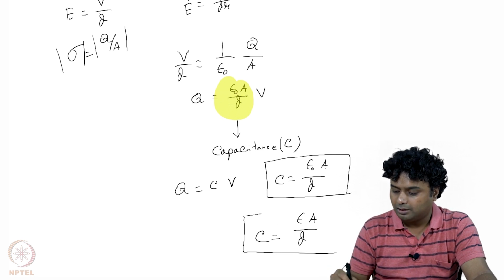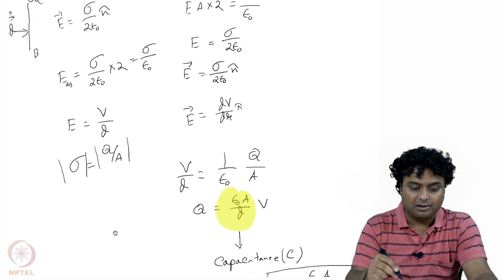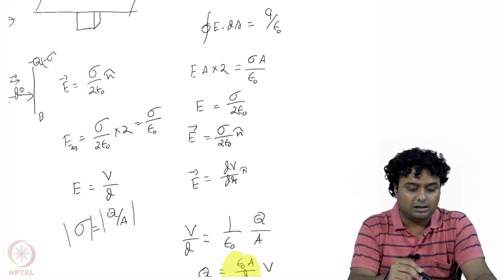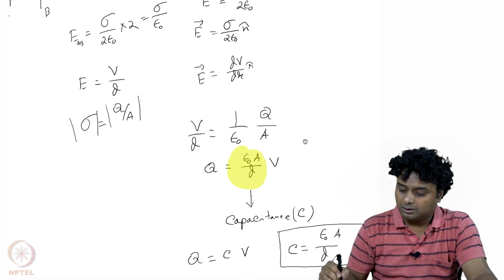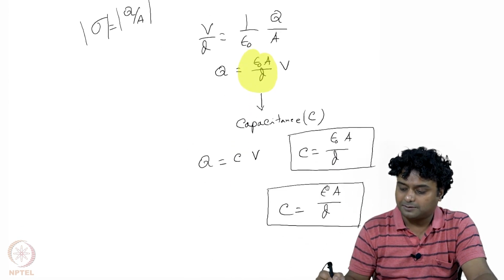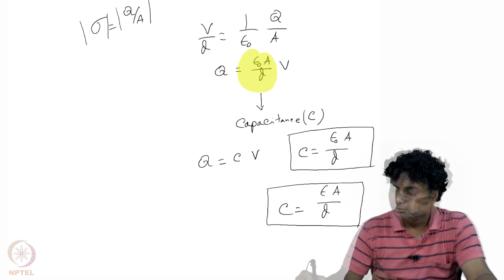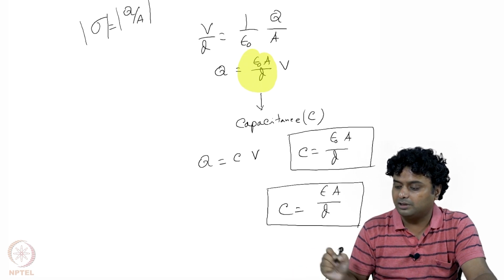As I was saying, while you have a dielectric material, the electric field E will not be the same, rather it will be epsilon into E, and epsilon naught will be replaced by epsilon, where epsilon is the free space permittivity epsilon naught into the relative permittivity epsilon r.